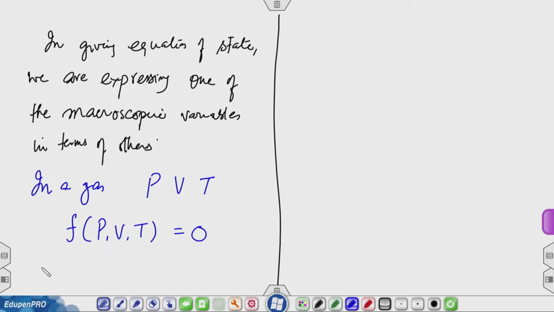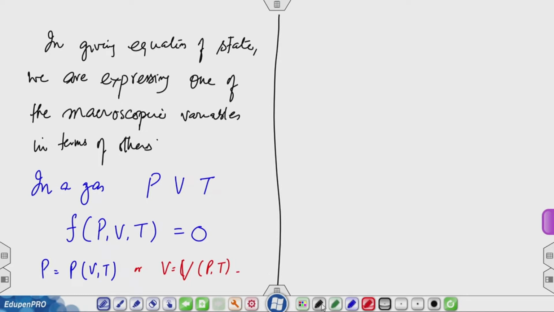Or we can write P as a function of V and T, or V as a function of P and T, and so on. So, now what we need to do is obtain some relationships using partial derivatives and use them to obtain certain relationships between measurable quantities for these systems.